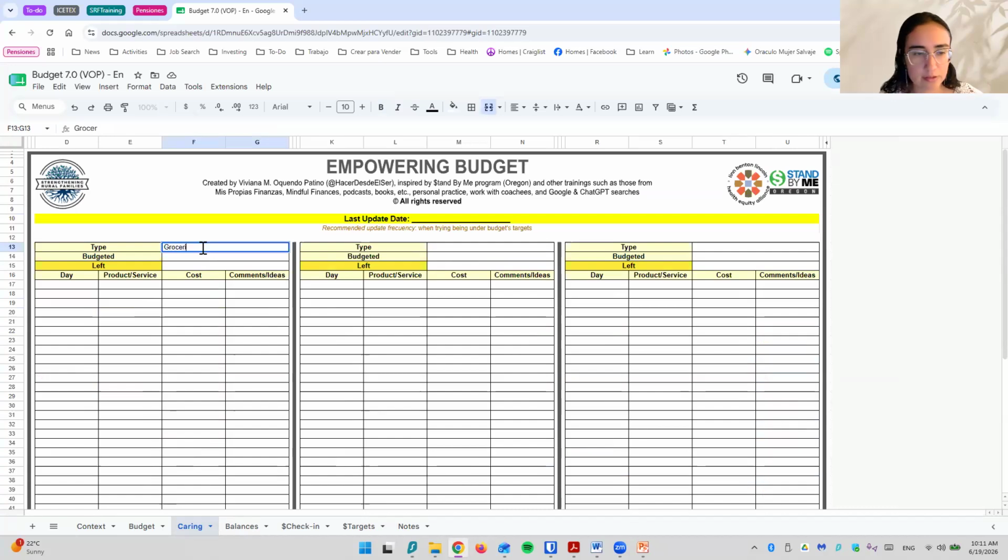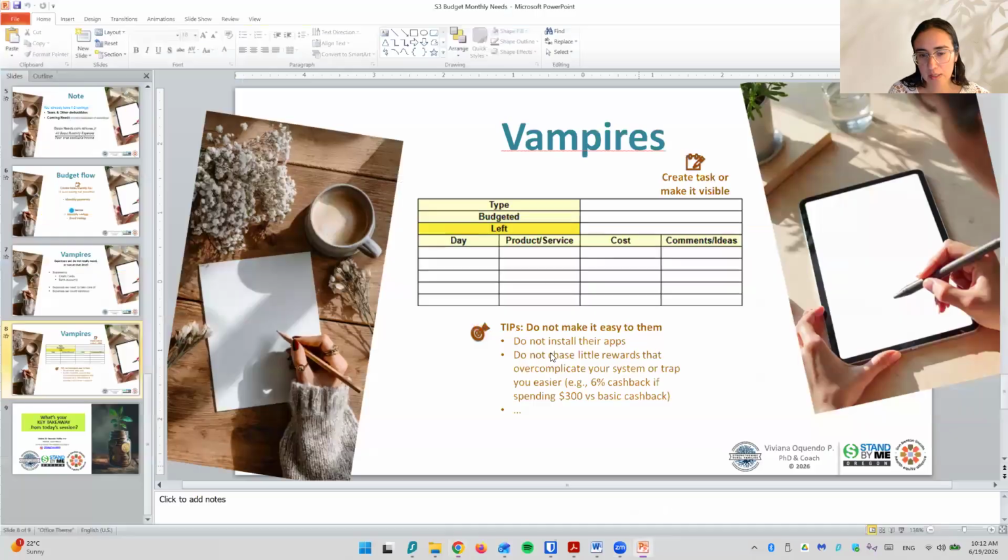For instance, groceries and fun. And you can put how much you have budgeted for that. And then every day you can say, today I spent on this or that, and then how much is left. The main question is how much is left.